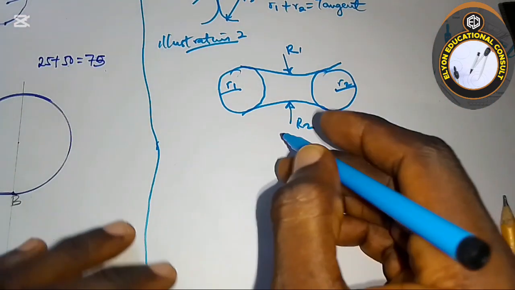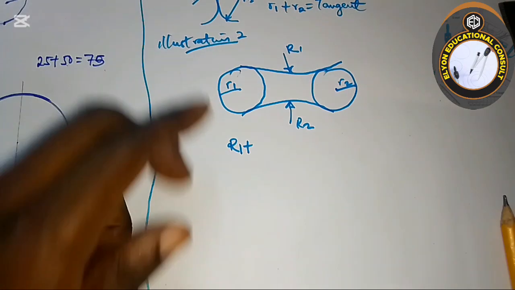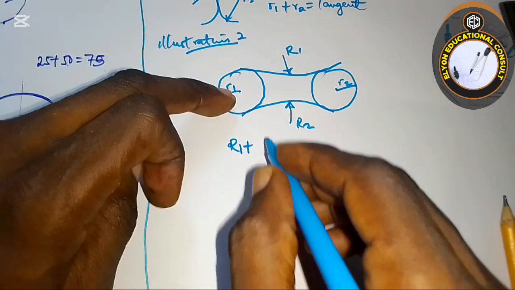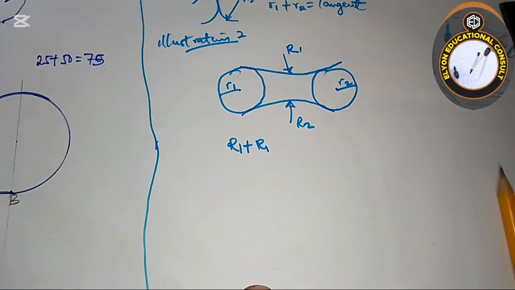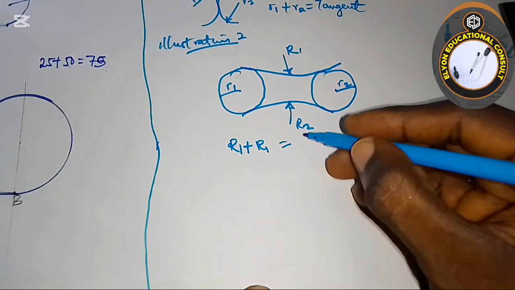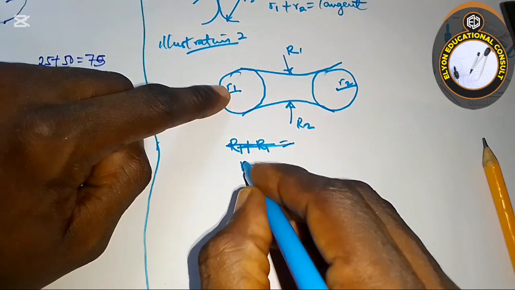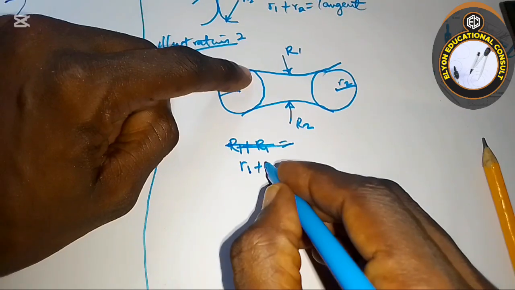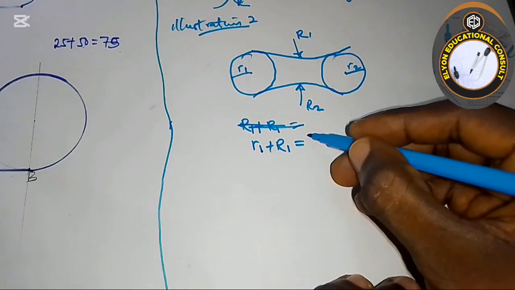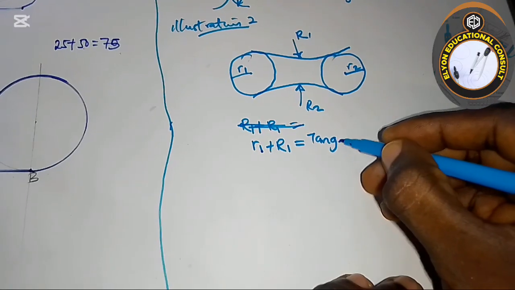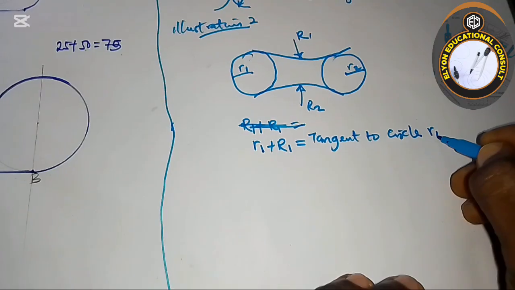So we say this radius R1 plus this radius, small letter r1, will give us the tangent to circle R1.